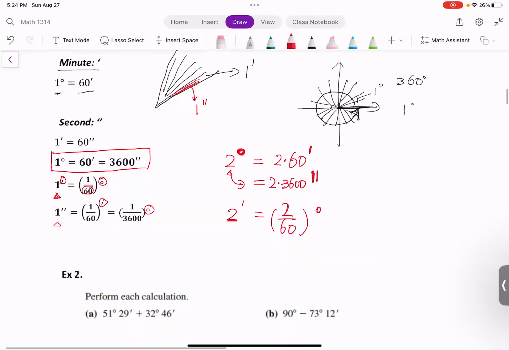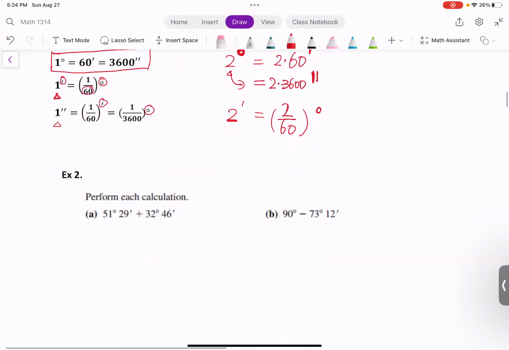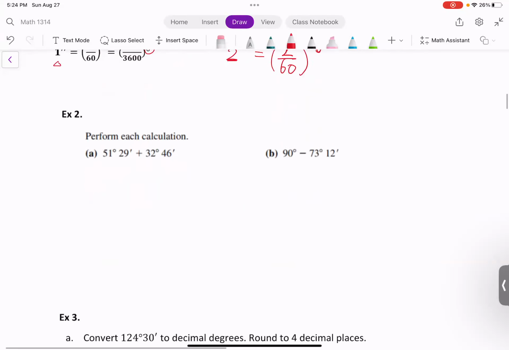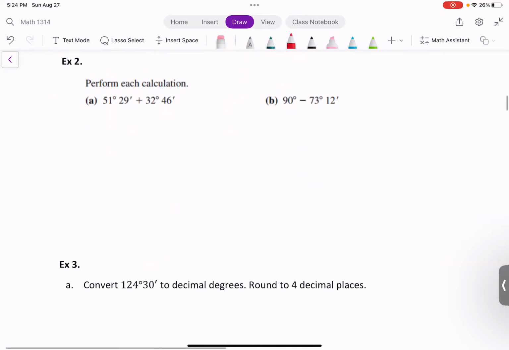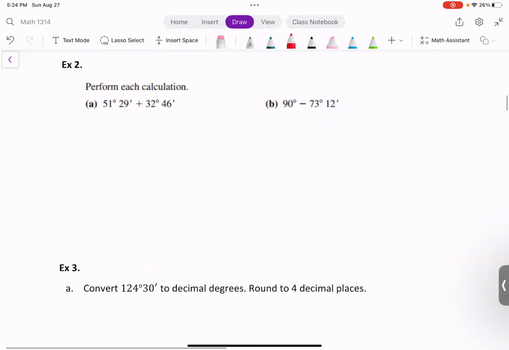All right, let's do some practice. Example 2. If I want to add 2 angles together, for example, if I have one angle and another angle, so I'm having a big angle. I can just add them straightforwardly.